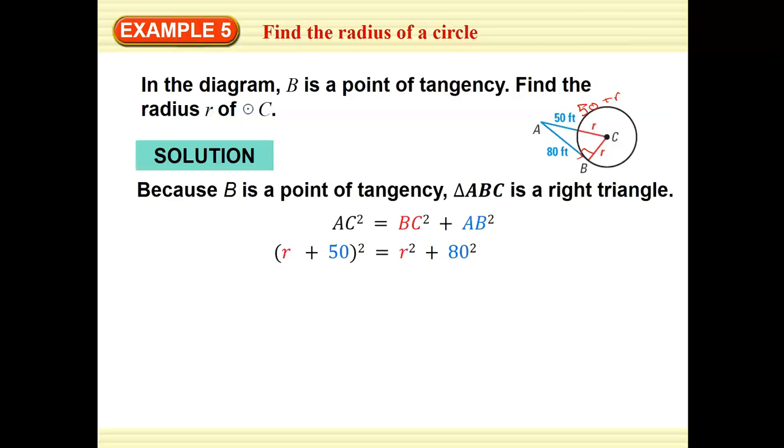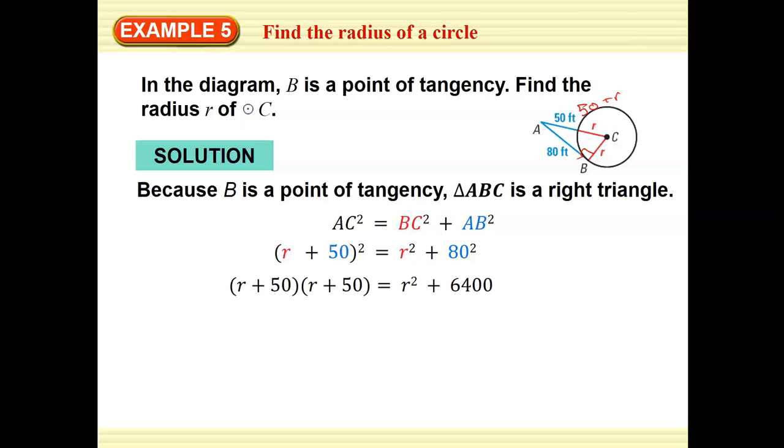And then the important thing to remember when you take r plus 50 or 50 plus r, if you wrote it either way, you're going to get the same result, is remember you can't just square the r, square the 50. Squaring means multiply it by itself. So you have to take r plus 50 times r plus 50, and you have to FOIL.